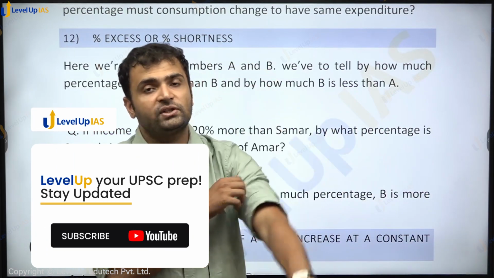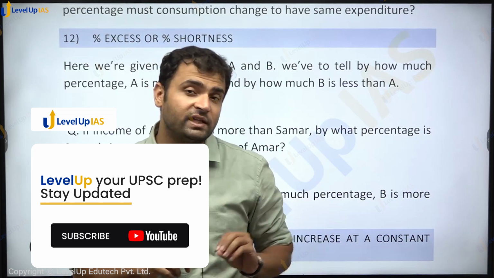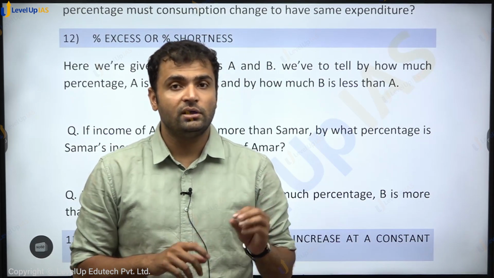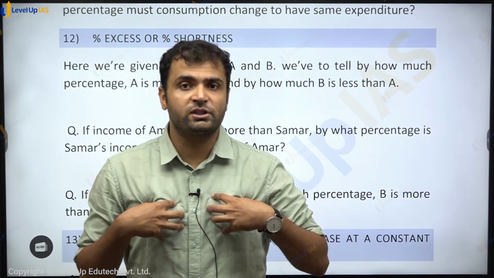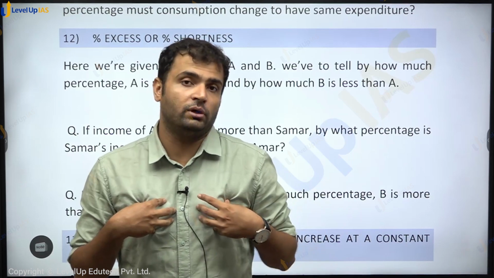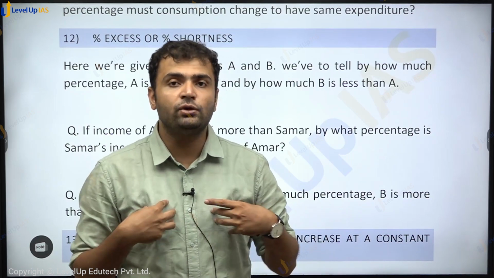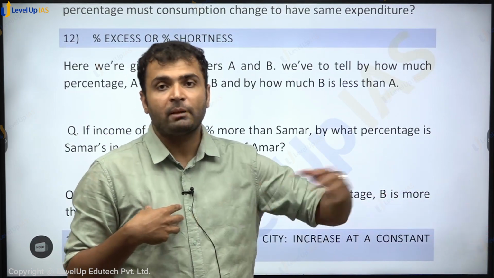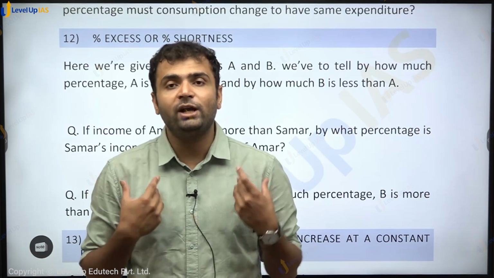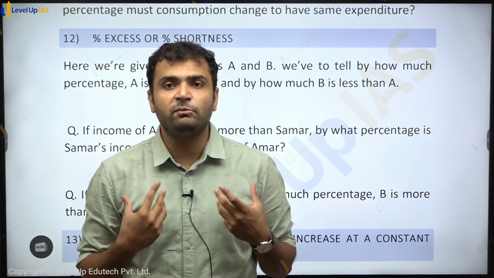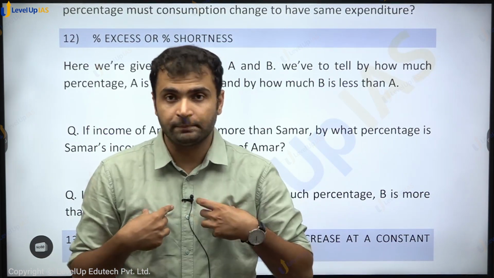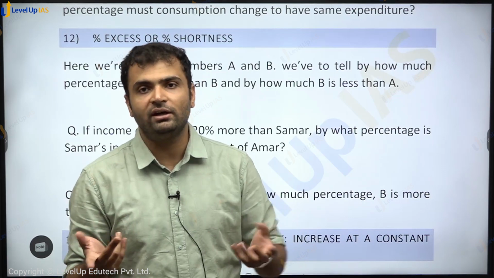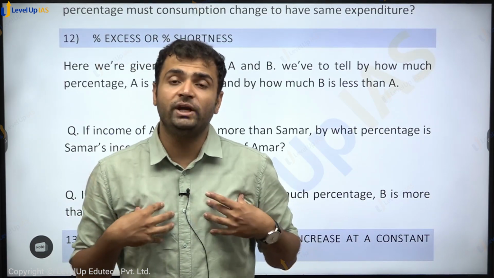Because 25% of 125 is not the same as 25% of 100. I'm looking from 125's perspective. In absolute values, he's 25 less than me. But 25 is not my 25%. 25 is in fact my 20%, 1/5. 1/5 of 125 is 25.